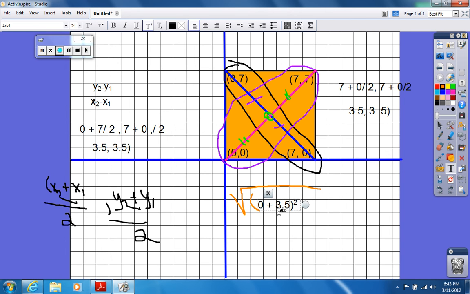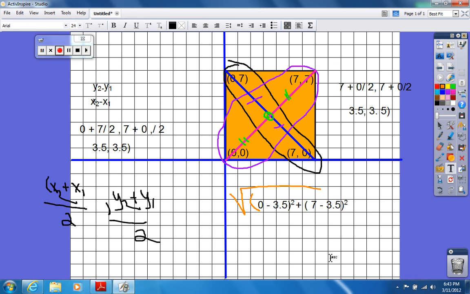Oh, I forgot that that's minus. I typed that wrong, sorry. And then plus 7 minus 3.5, and that's going to be squared as well.